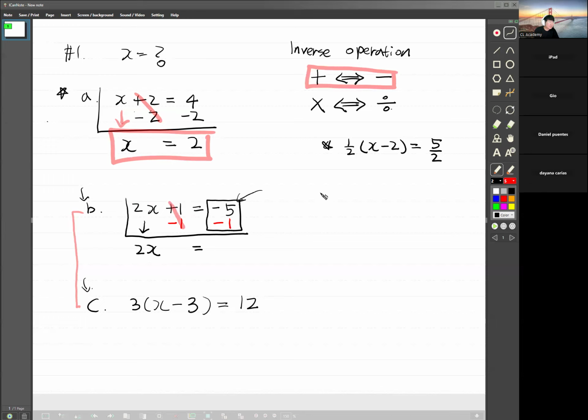Someone said 6. Anyone else? No one? The answer is -6.